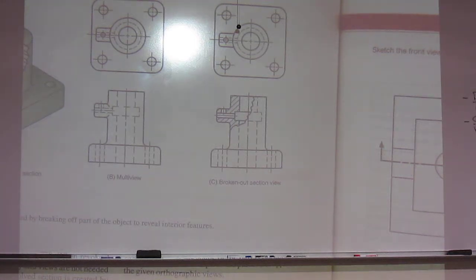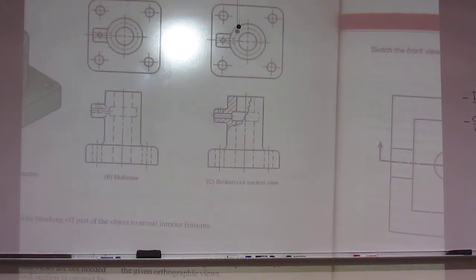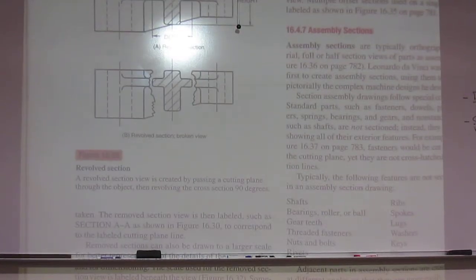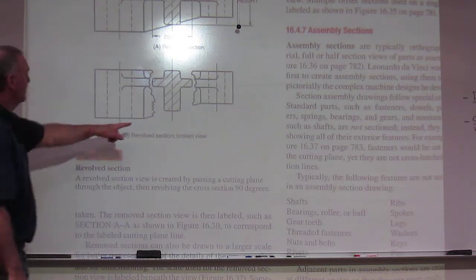Keep in mind you use this for two sections. You've got the broken out section that we use it for, and then if you turn the page to page 778, when we do a revolved section, we also use this short break line, as shown right here.